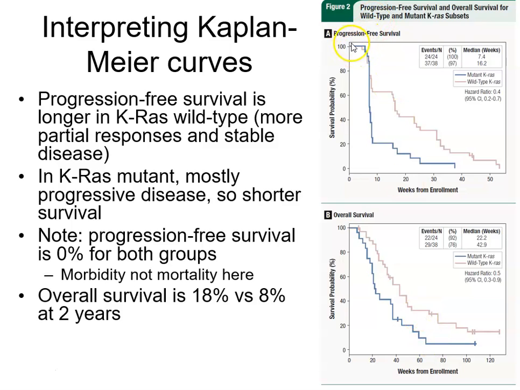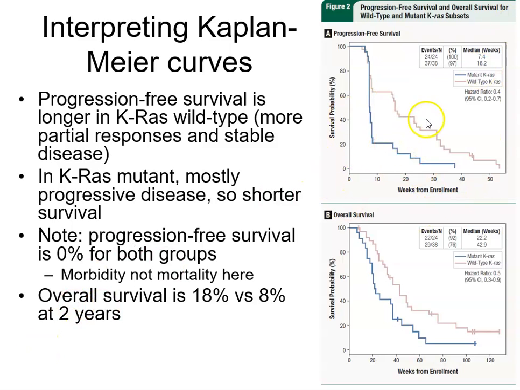And what you can see is you initially get, in the KRAS mutant group, a rapid dropping off in progression-free survival, and then later that will translate into changes in overall survival as well.